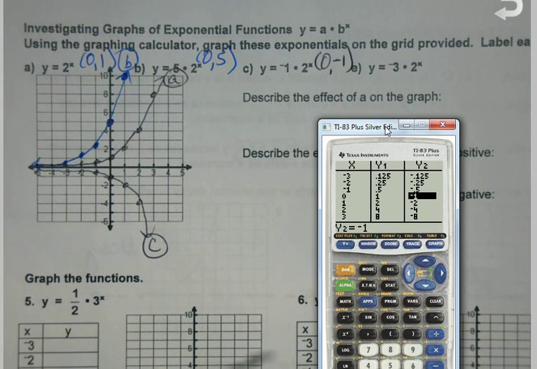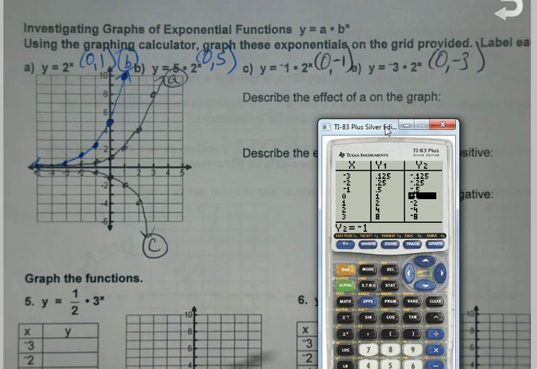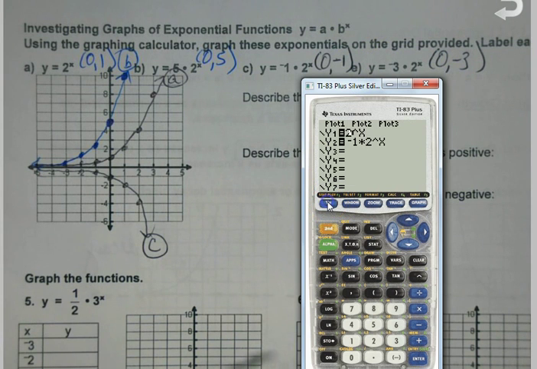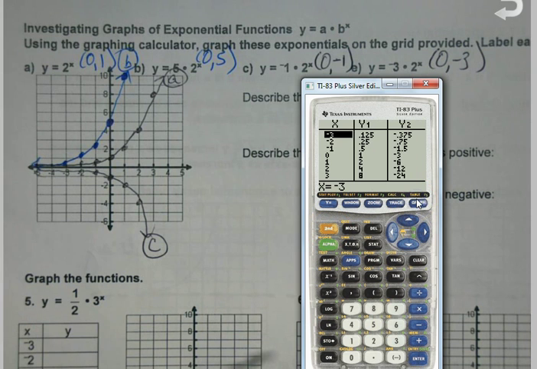So if my theory is correct, what should the y-intercept be on letter E? It should be at (0, -3). But let's find out. So I go back to y equals and type in -3 times 2 to the x. I take a look at my picture. It's getting steeper as it goes down. But I want to look at the chart. Oh, there it is.